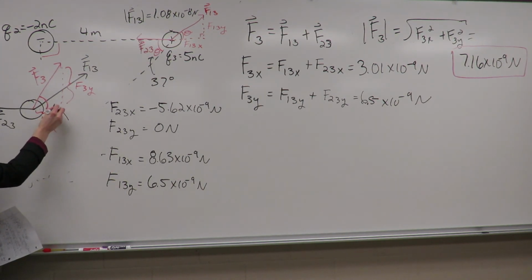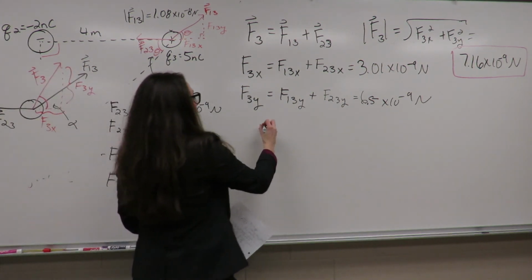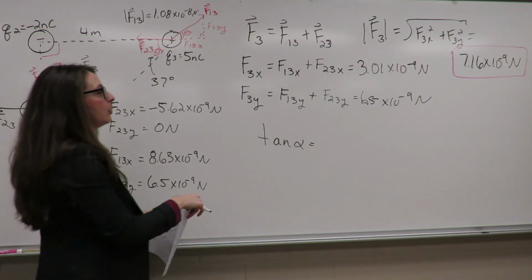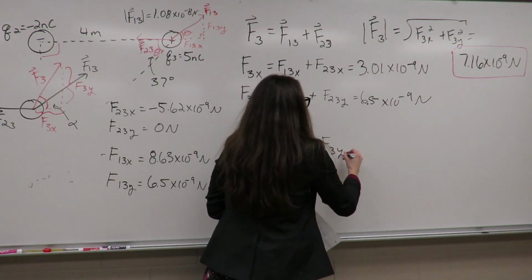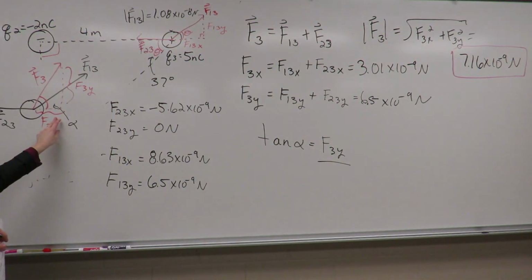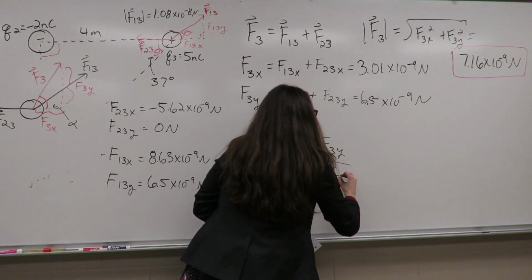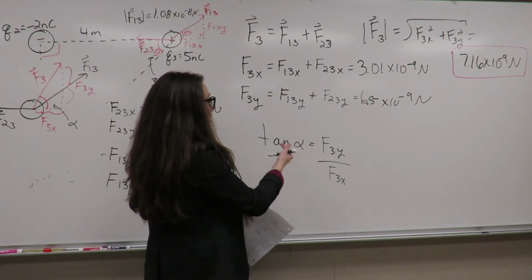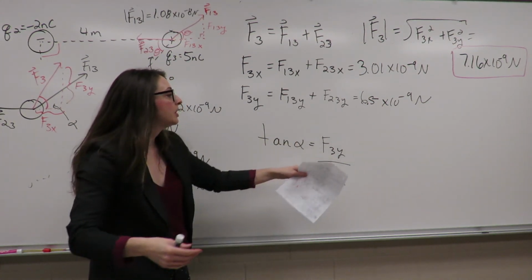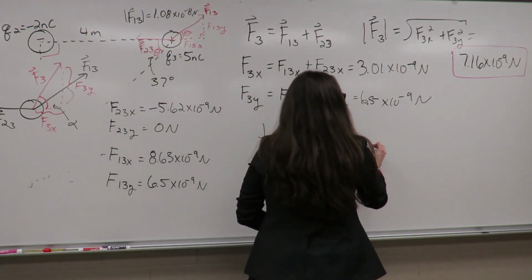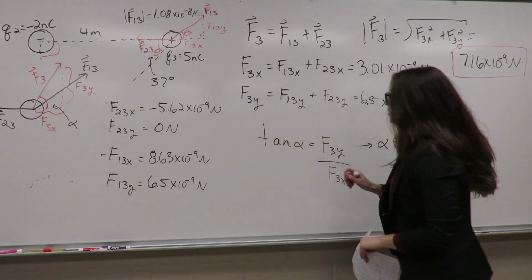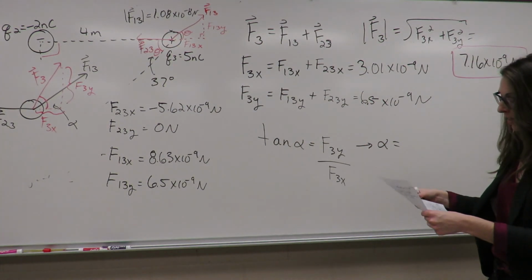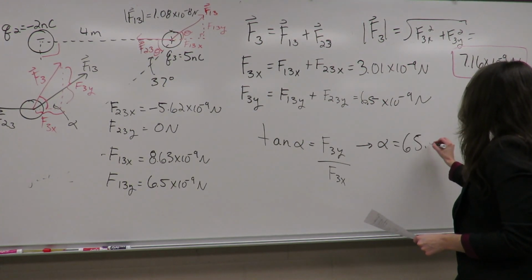To get this angle, which I'm going to call alpha, we can say that the tangent of alpha is equal to the opposite, which is F3y, over the adjacent, which is F3x. Then the angle alpha will be the inverse tangent of that. If you take the inverse tangent of F3y over F3x, you get that alpha is equal to 65.1 degrees.